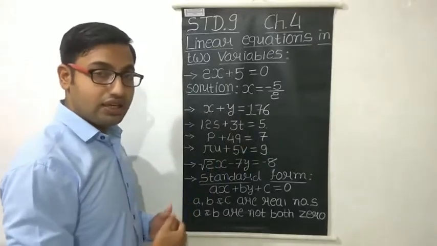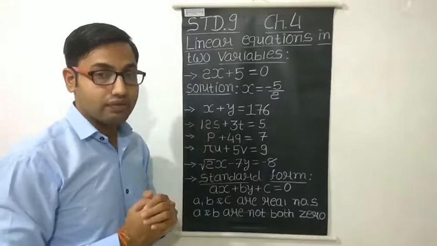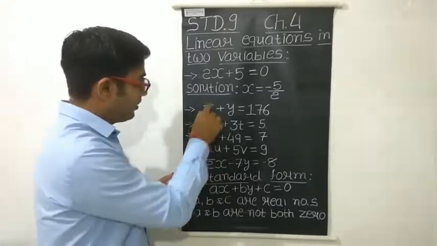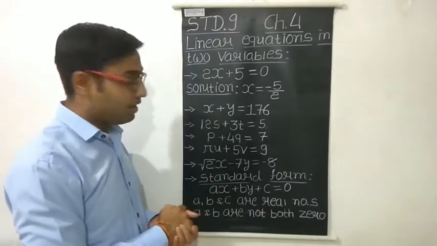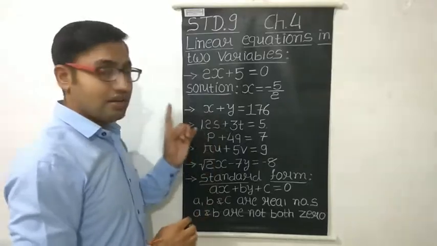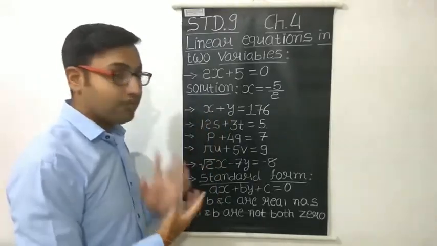And why is it called linear? Because the variable has only one power. See, x raised to power 1. Actually we do not write the 1 here, because whenever there is nothing written, it is considered that one power is there. So the y variable also has only one power.